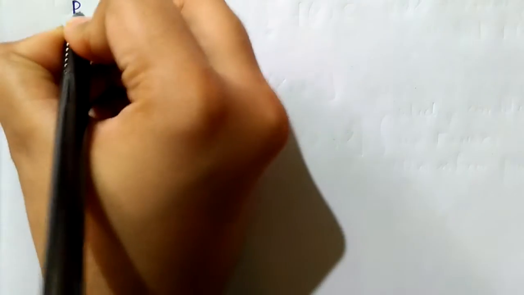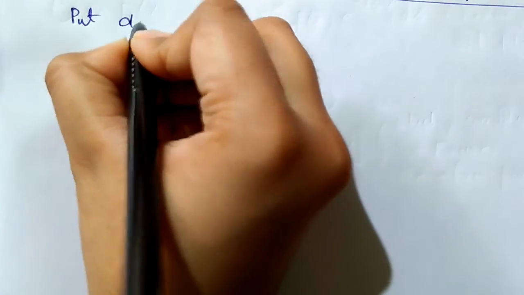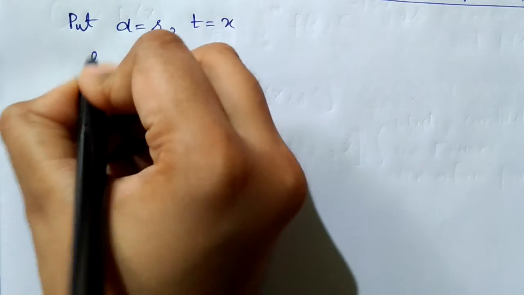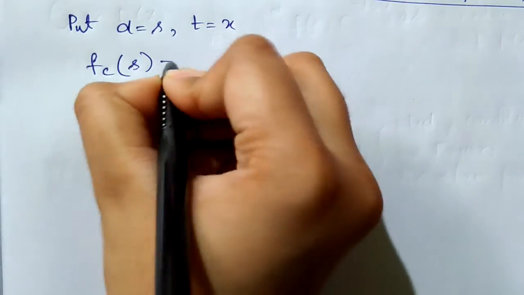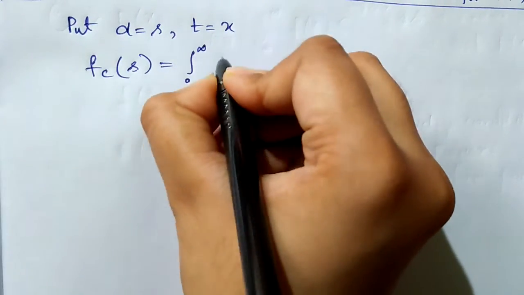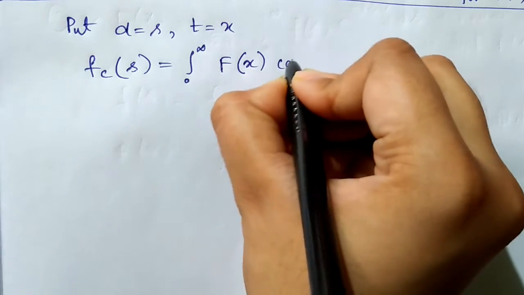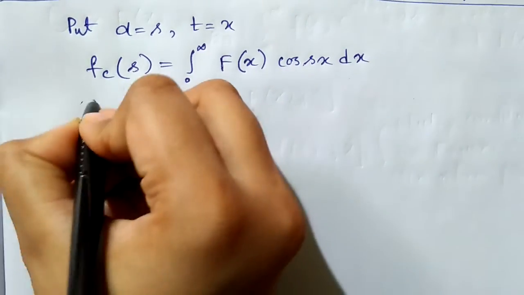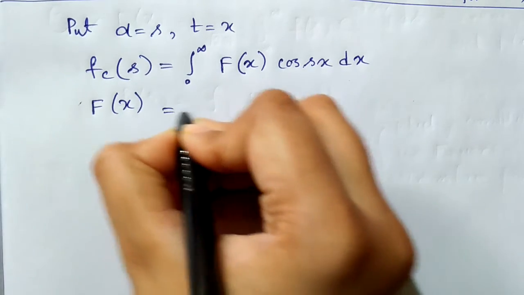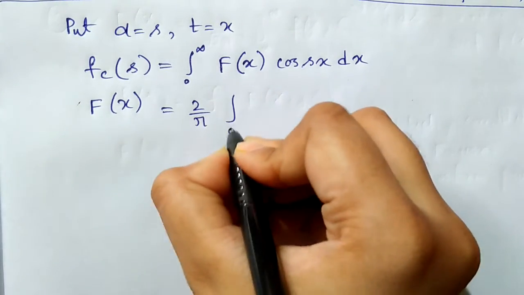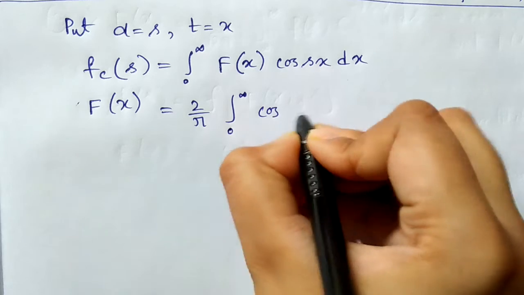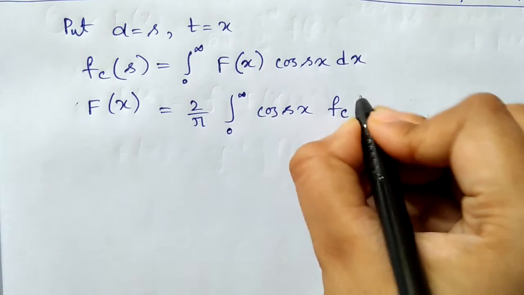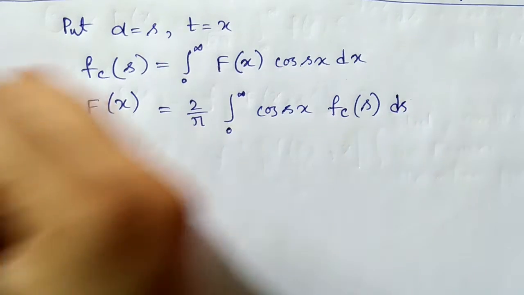Now put alpha equal to s and t equal to x. We get Fc(s) equal to integration 0 to infinity F(x) cos sx dx, and F(x) equals 2 by pi integration 0 to infinity cos sx Fc(s) ds.